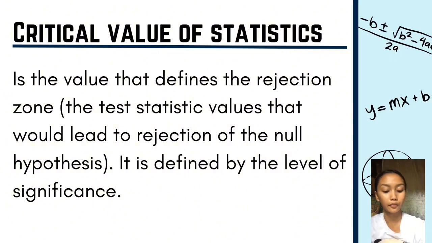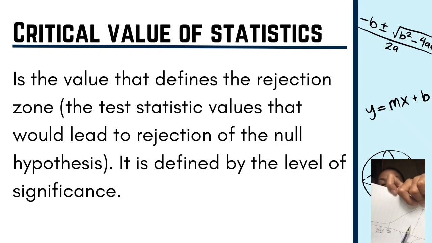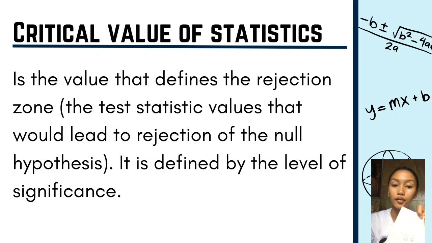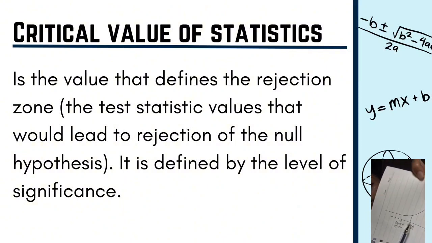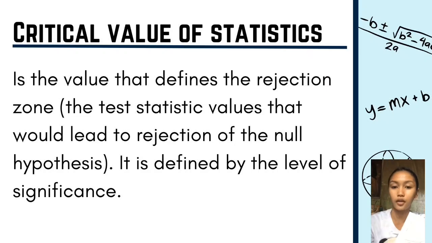For example, here we have our critical value. This is the region of non-rejection: if the test statistic is less extreme, it will fall here. And if it is more extreme, beyond our critical value, then it will fall into the region of rejection.